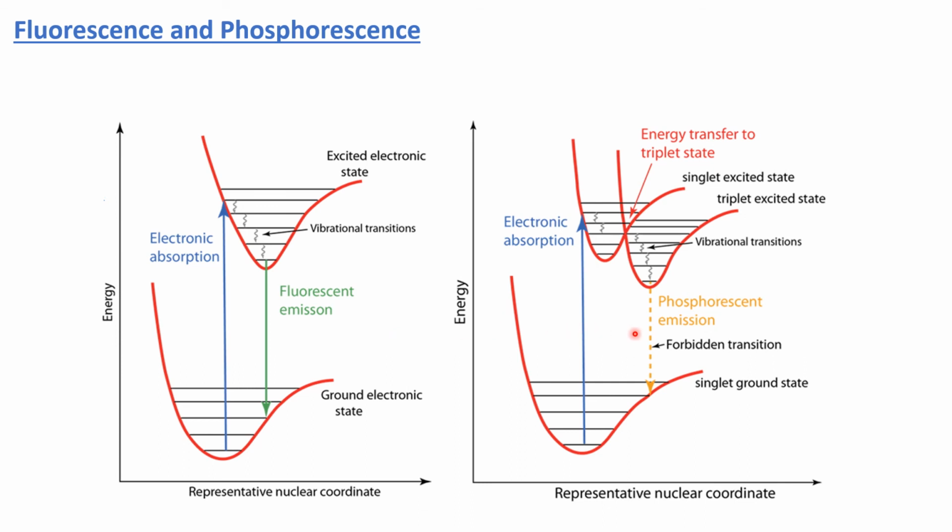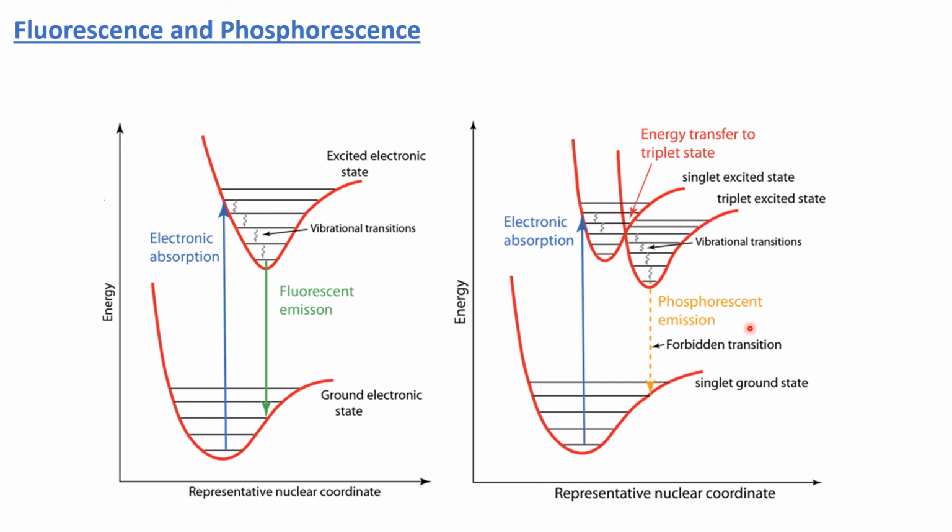However, there is another possibility. Let's suppose the ground state is the singlet state and the excited state is the singlet state, and there is a transition from the singlet state to the triplet state. And now the excited state is the triplet state and the ground state is the singlet state. So this transition has lower probability. It means it will take more time.